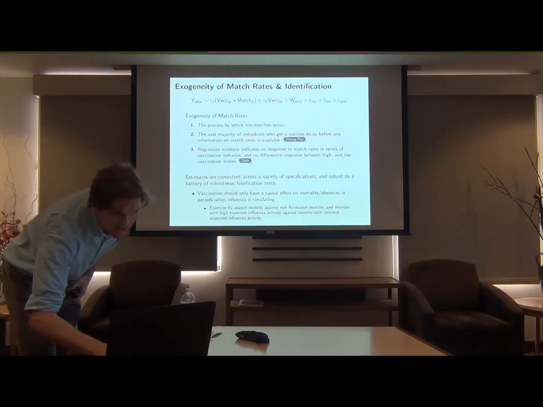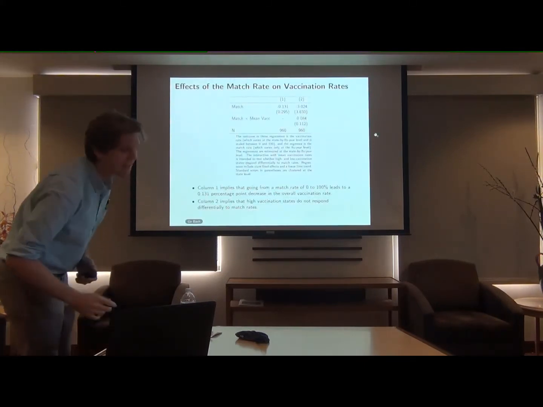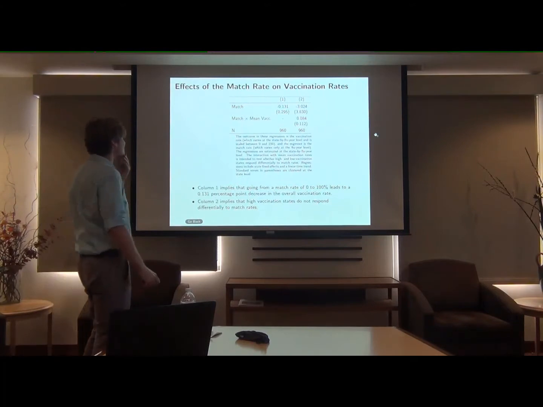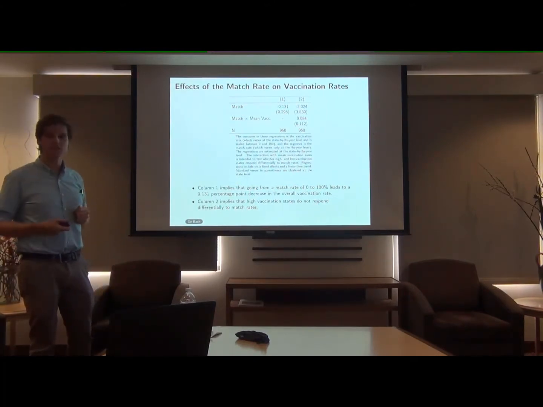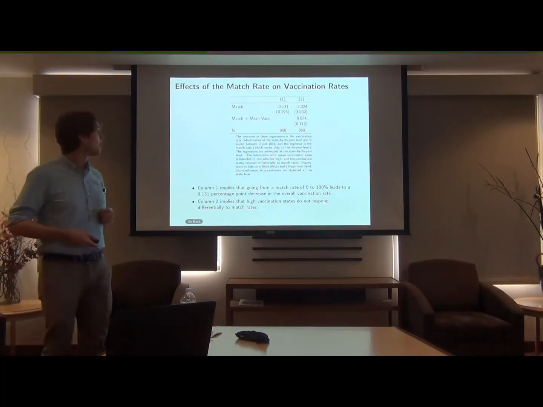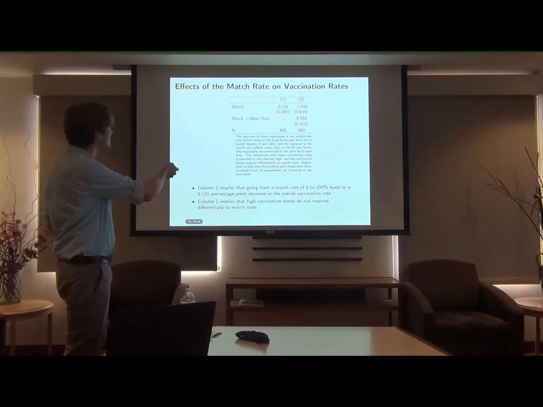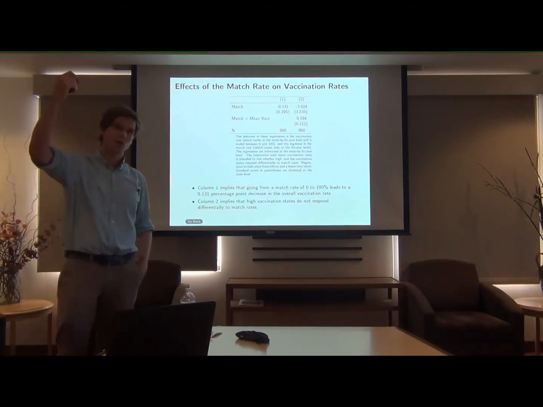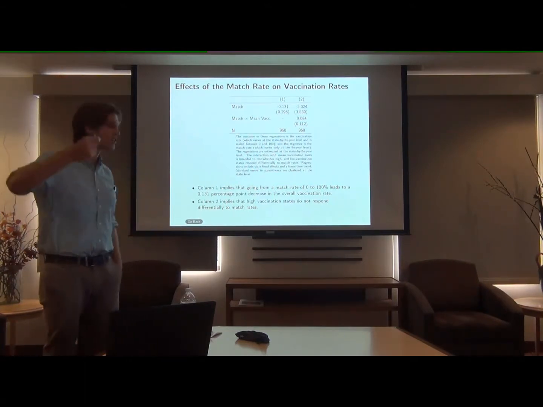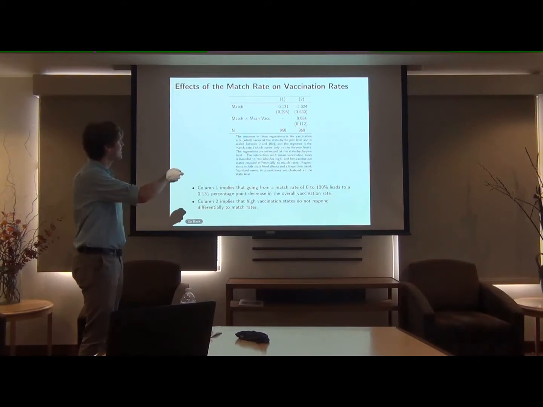So I think maybe a little bit more convincing than that is if I just run a regression of vaccination rate on the match rate, right? What I'm going to find is a small and insignificant coefficient. So this would say that increasing the match rate from 0% to 100% would decrease the vaccination rate by about 0.13 percentage points.